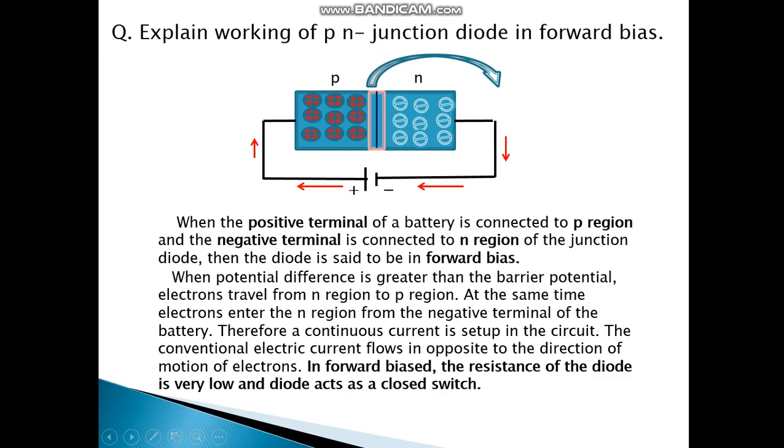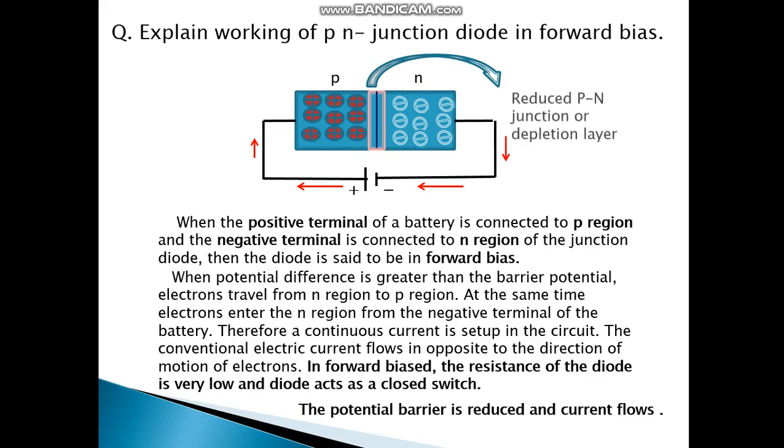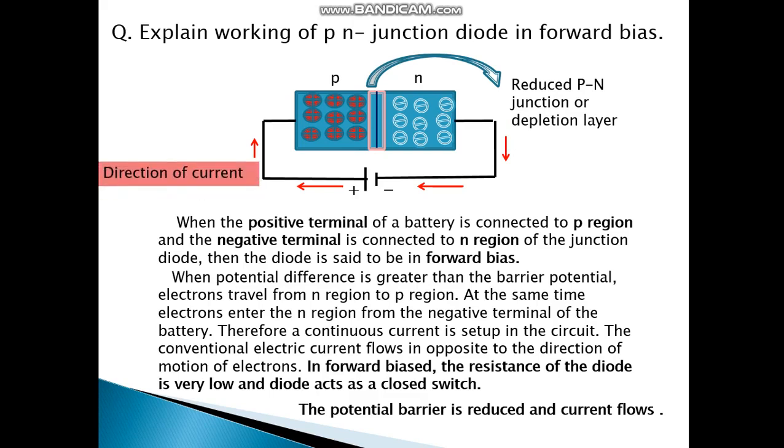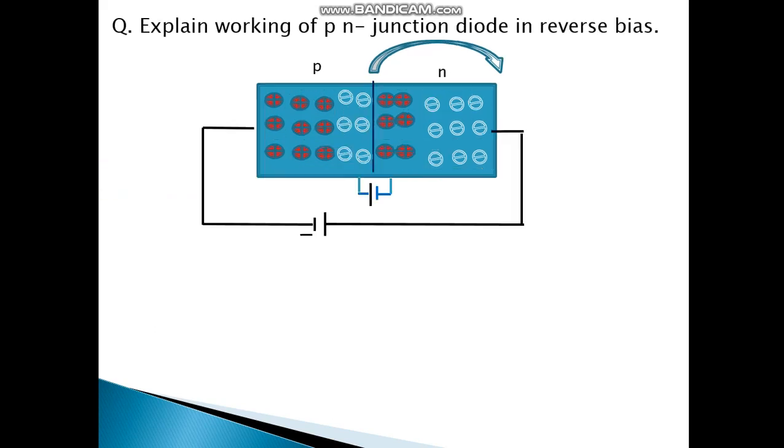At the same time, electrons enter the N region from the negative terminal of the battery. Therefore, a continuous current is set up in the circuit. The conventional electric current flows in the opposite direction to the motion of electrons. In forward bias, the resistance of the diode is very low and the diode acts as a closed switch. The potential barrier is reduced and current flows. So this is a reduced PN junction. This is the direction of current.